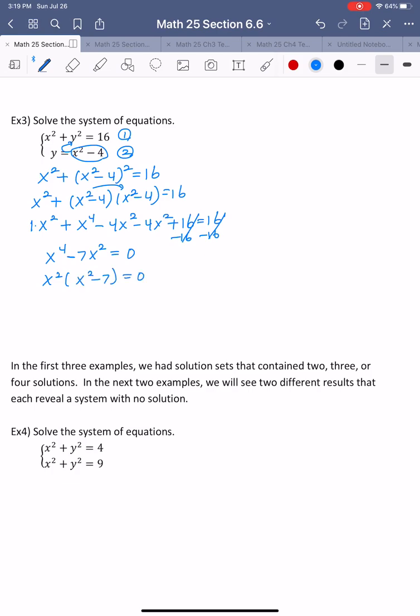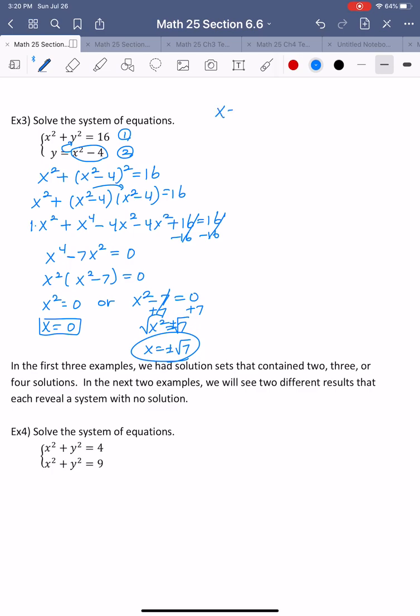So we get x squared equal to 0 and x squared minus 7 equal to 0, because x squared minus 7 is not factorable. So I have x equal to 0, so you got one solution from here. And then plus 7 both sides, x squared equal to 7. Use the square root property, which is x equal to plus minus radical 7. So you have actually 3 solutions.